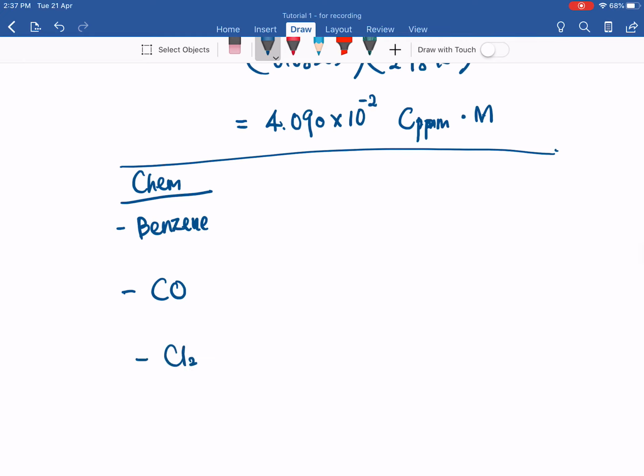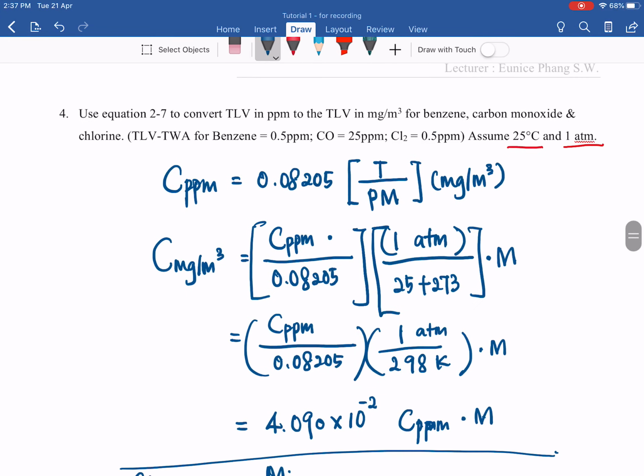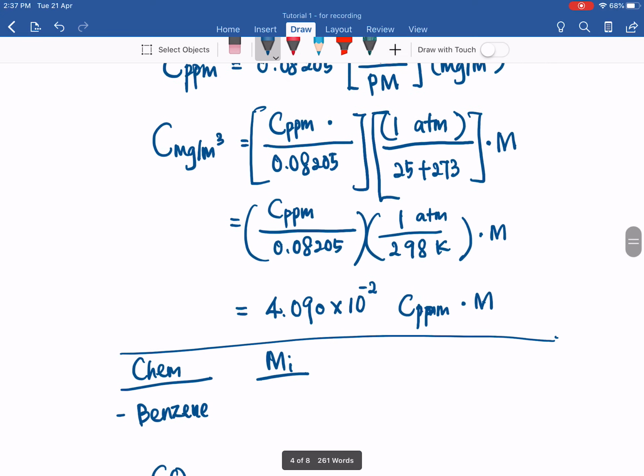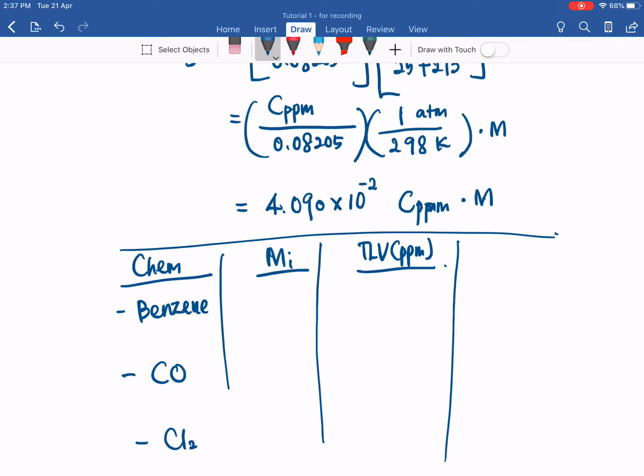Okay, and what I need is the molecular weight for each one, and also the TLV in terms of ppm, because it asks to convert TLV, so that I can do the conversions in terms of mg per meter cube.